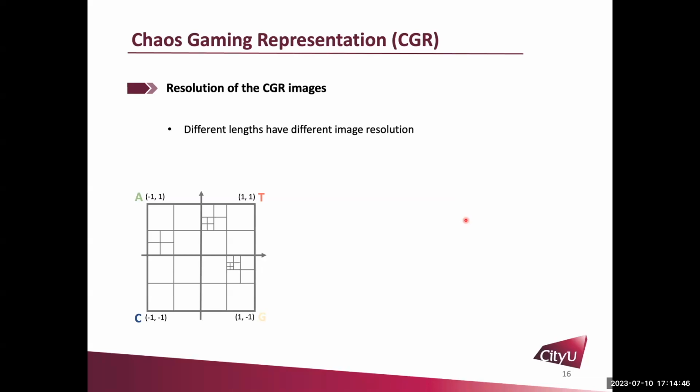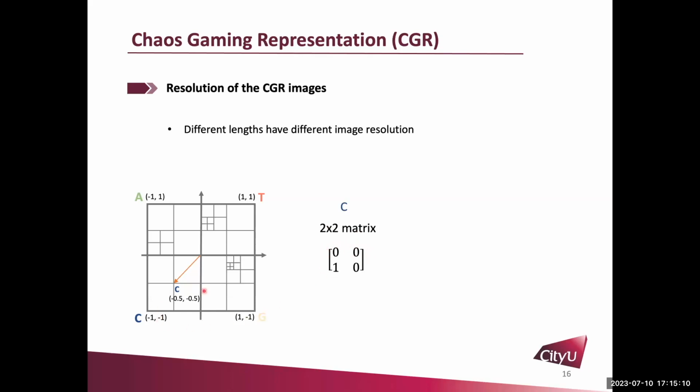Back to the sequence CATG, when we record the position of each step, we need to compute the x-axis and the y-axis in the coordinates. Although in human eyes these coordinates are only 2 float values, in computer vision, the value of the image is recorded by a matrix where both the index of the row and column are integers.